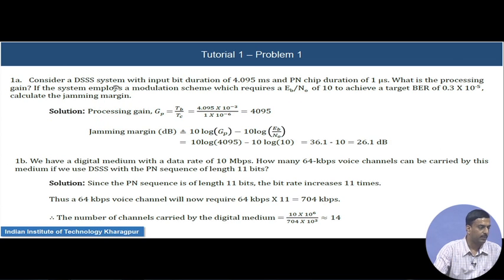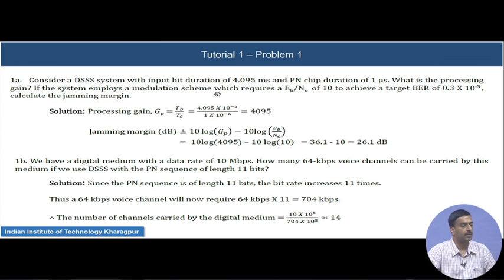In problem number 1, we have a DSSS system which has an input bit duration of 4.095 milliseconds and a PN chip duration of 1 microsecond. The question is, what is the processing gain?